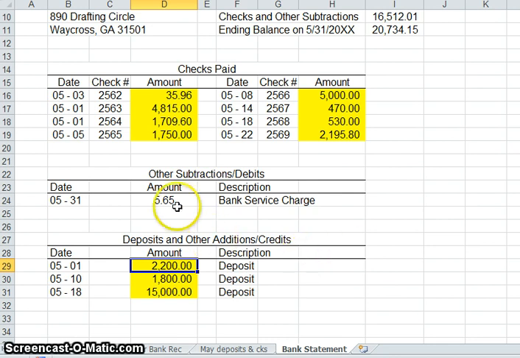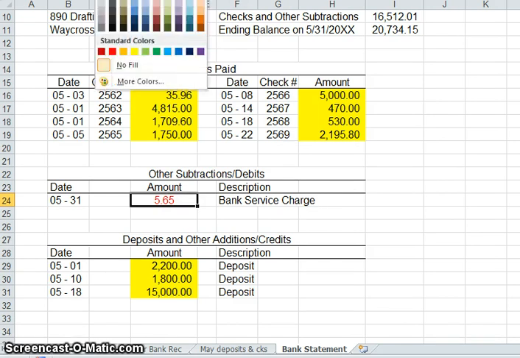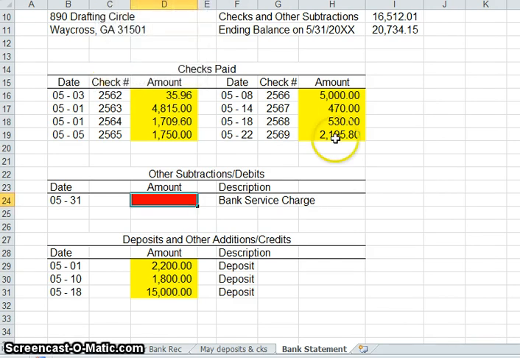I only see one. This bank service charge. That we have not yet recorded, but the bank has. So that's another reconciling item. That will be a reason we would have differences between the two.